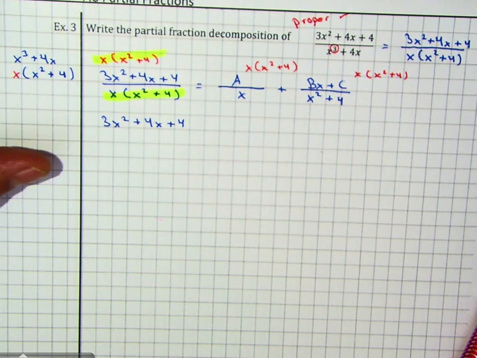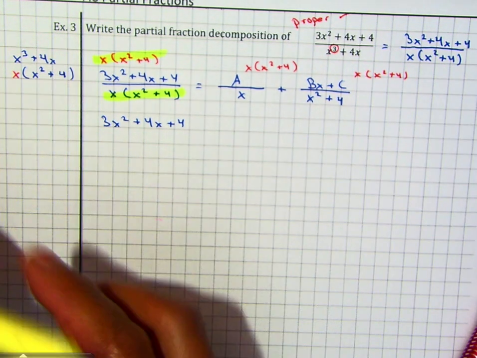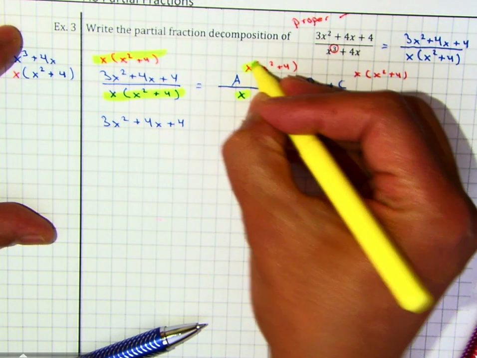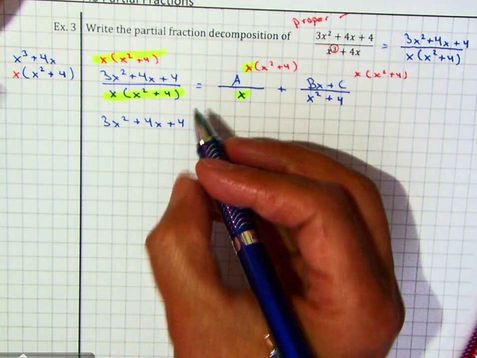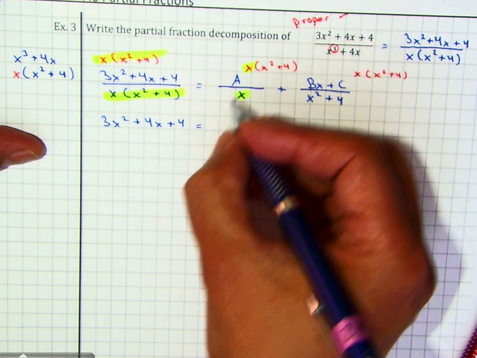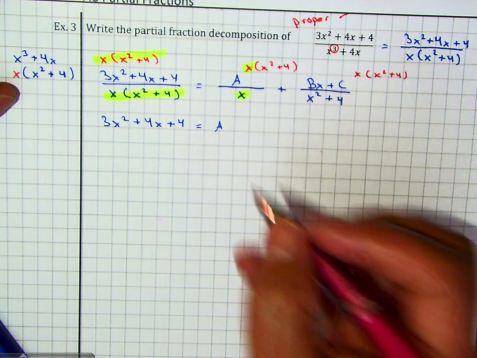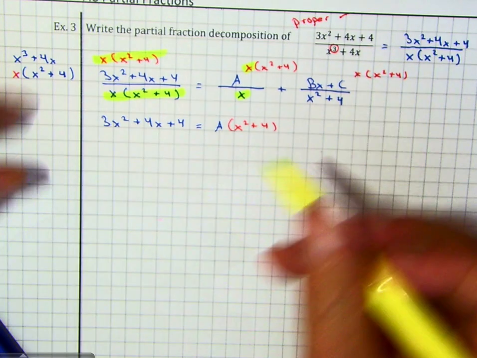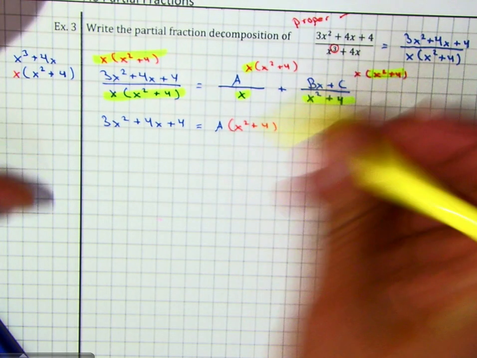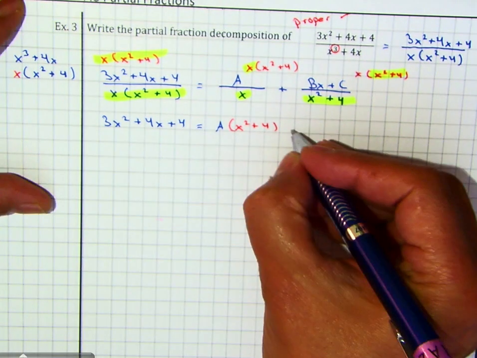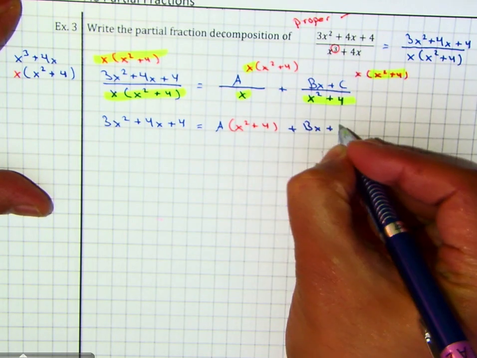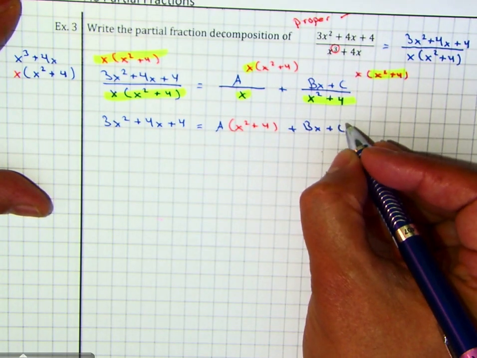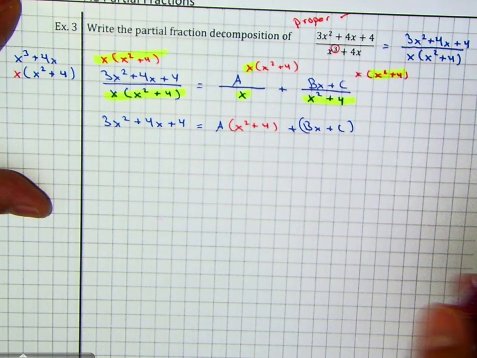On the second one, my x cancels out. So therefore, I have a multiplied by x squared plus 4. On my last one, my x squared plus 4 cancels out. So therefore, I have bx plus c multiplied by x.